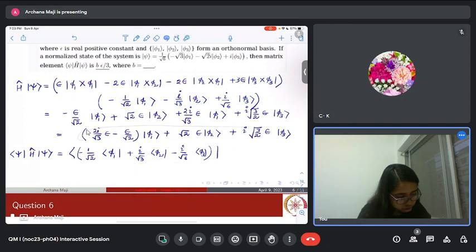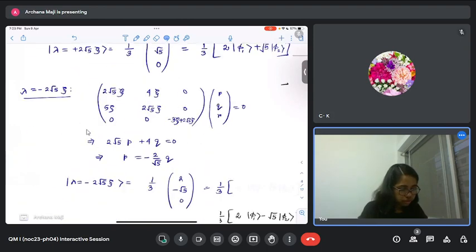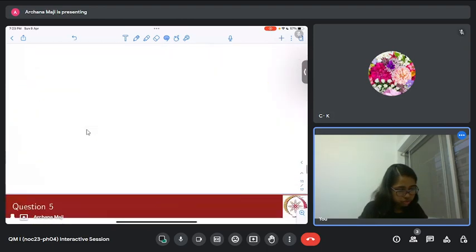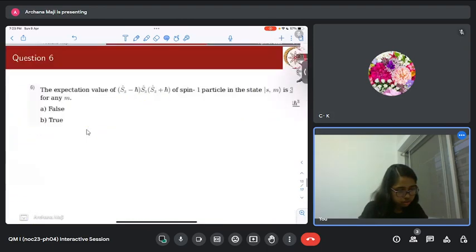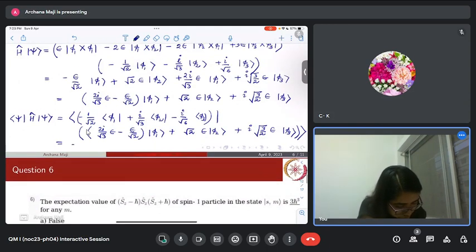Then the inner product with this state, so that gives us, let's now solve it.